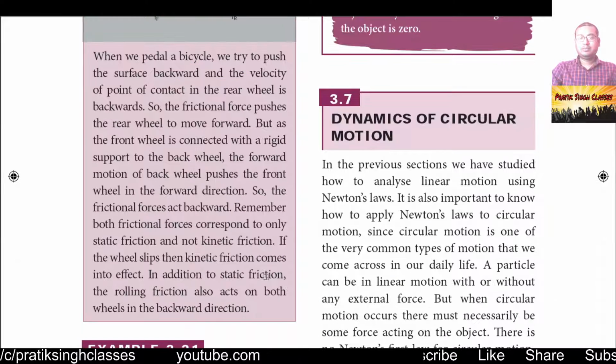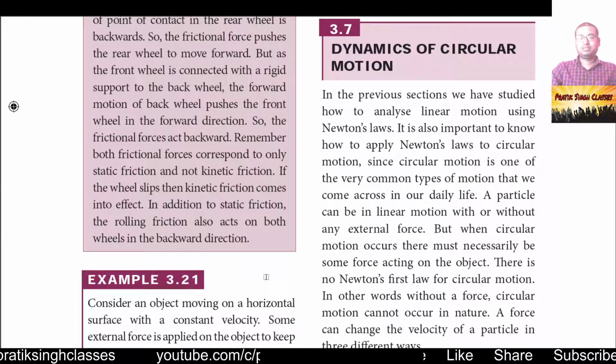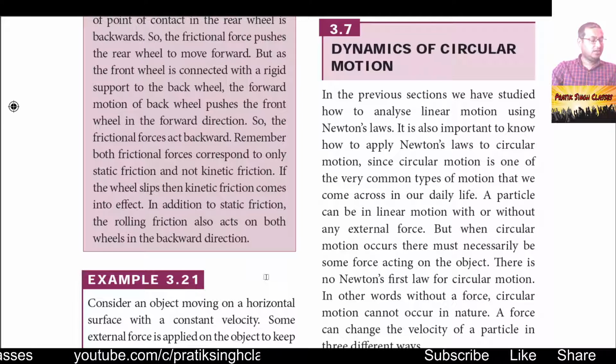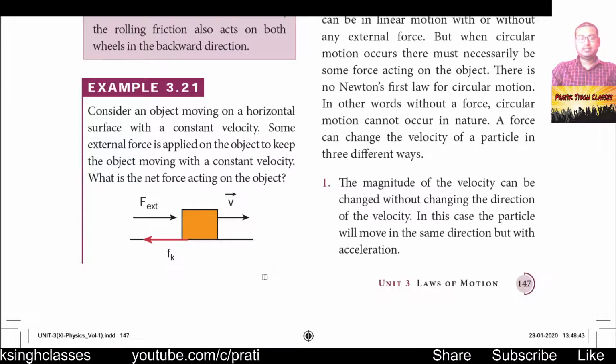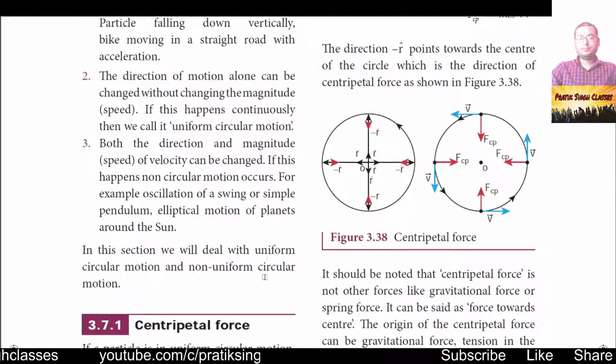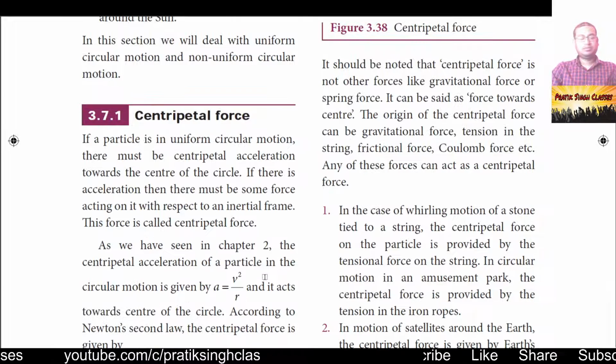Dynamics of circular motion. It means if an object moves in a circle, what are the forces acting there, and how can we find different physical quantities like angular velocity, angular momentum, and a lot of other things. Let us see what is given here.